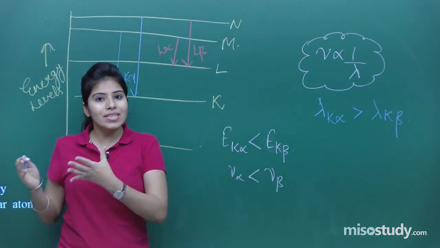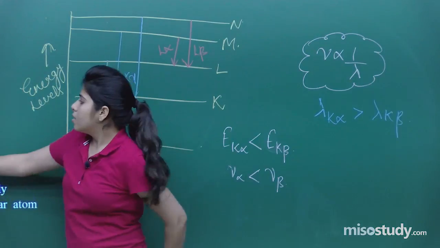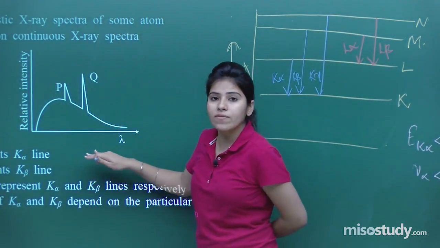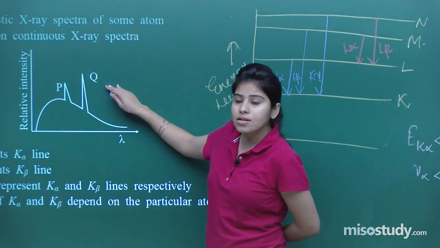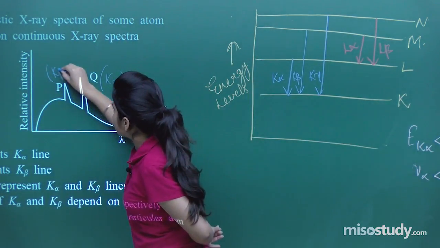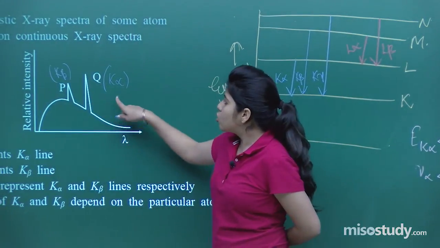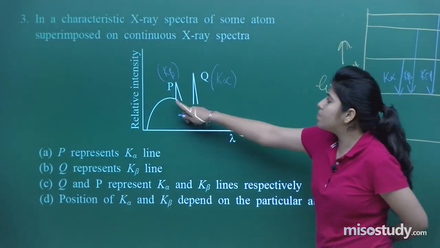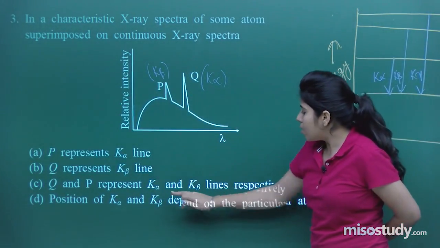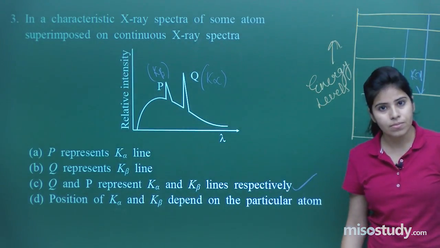So which wavelength is greater here? Q's wavelength is greater. So that means Q should be K alpha and P should be K beta. So in the options, I can see Q is representing K alpha and P is representing K beta, and I think this should be the correct answer, right?